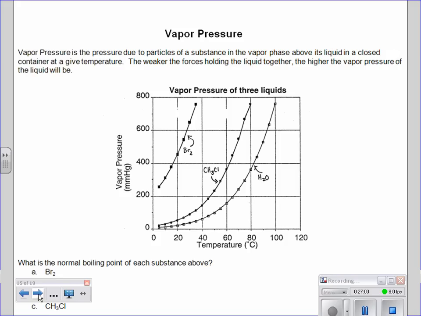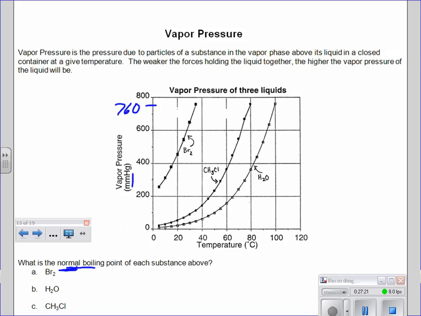So if we wanted to figure out the normal boiling point for each of these substances, and think about that as the line between the gas and the liquid, I have to think about my standard pressure. That looks like 760 millimeters of mercury. So at standard pressure, I come along here and I can read these values.